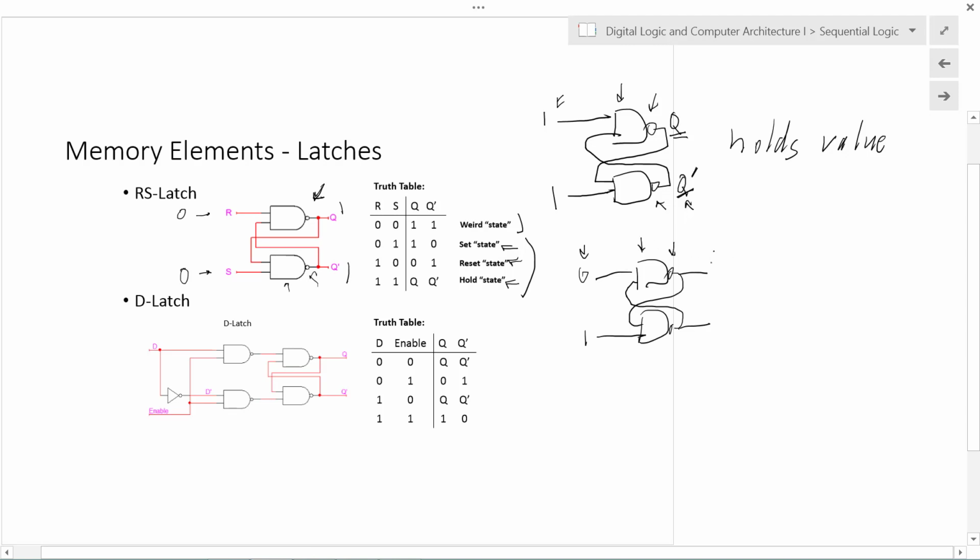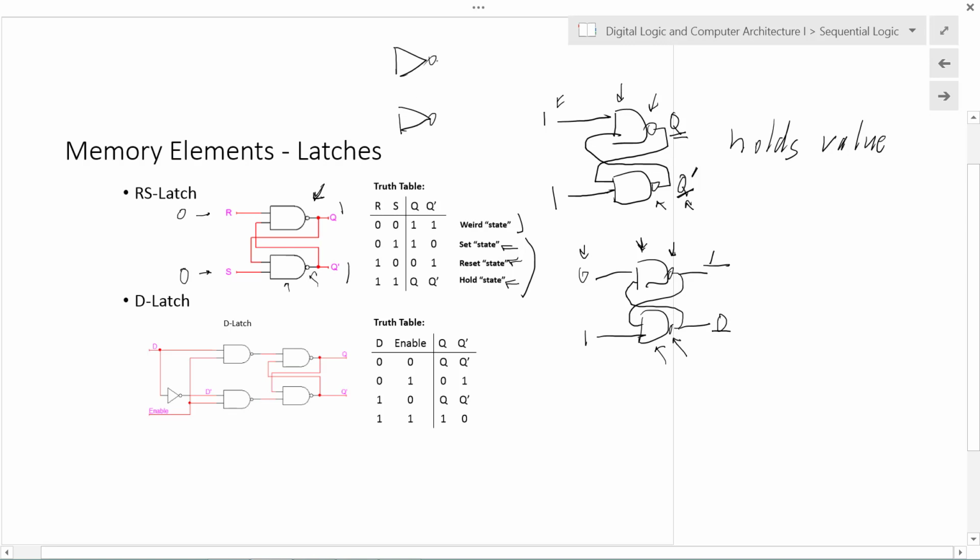Inverted gives us 1. 1 and 1 equals 1, but then we invert on the NAND gate, so we get 0. And then we AND 0 with 0, and then we get 0, we invert again, we get 1. So 1 and 0, we go in our feedback path. Notice this is very similar to our feedback with the inverters.